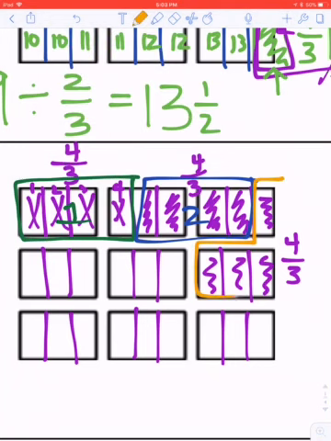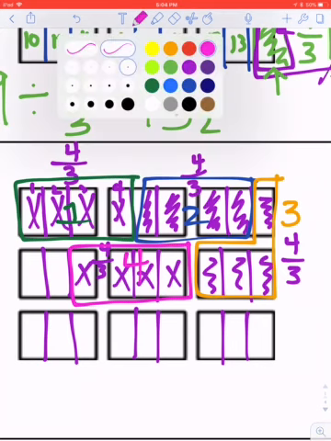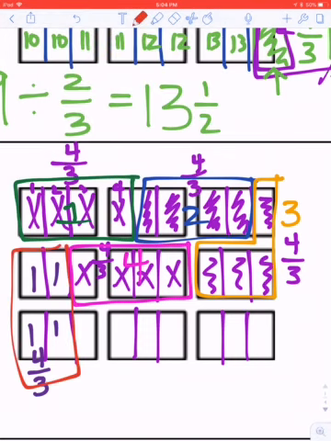And this will be pizza number 3. My next pizza will be 1, 2, 3, 4 thirds. And that'll be pizza number 4. I'll keep going. 1, 2, 3, 4 thirds. And now I have my 5th pizza.